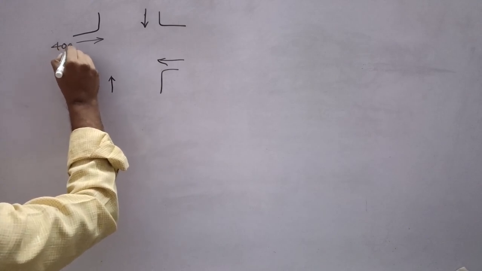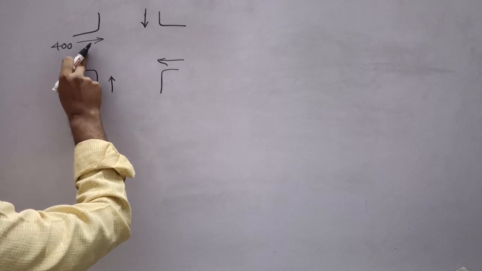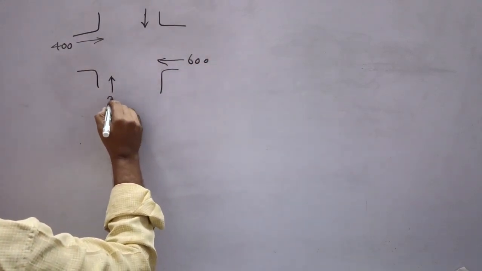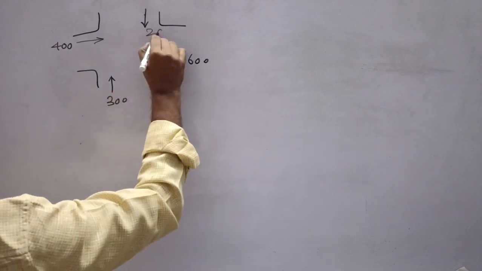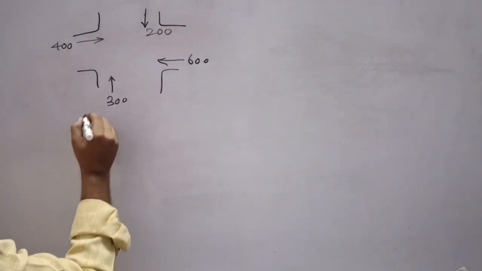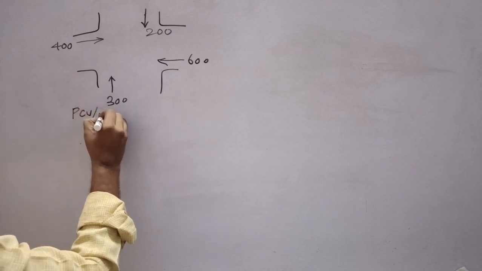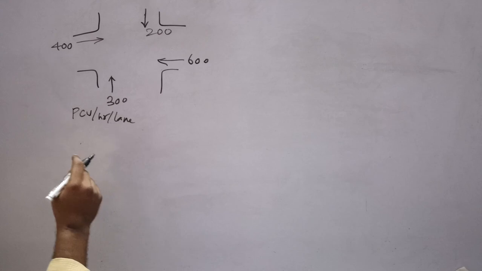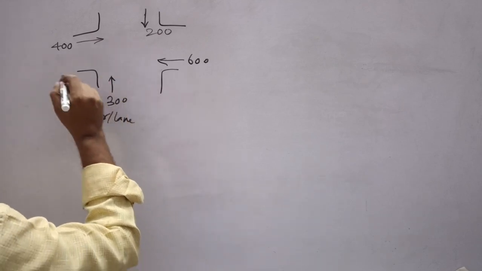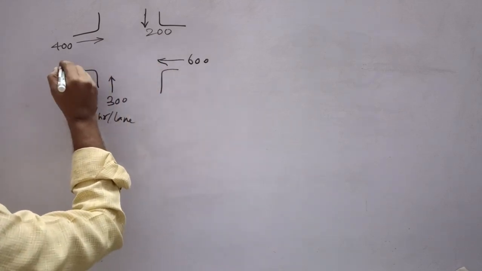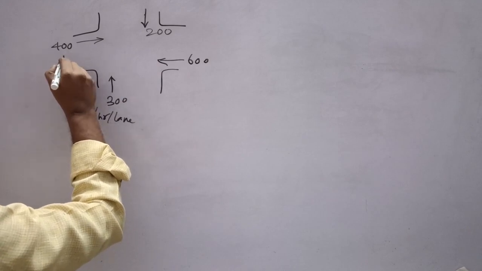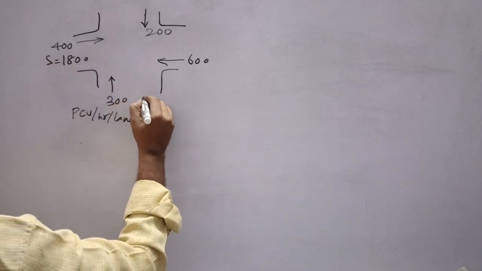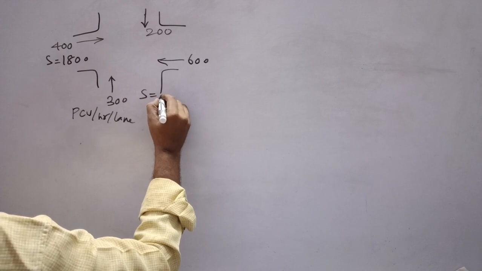The data is given as 400 PCU per hour per lane, similarly 600 here, 300 here and 200 PCU per hour per lane. And saturation flow is given for this approach as 1800 and for this approach as 1200.